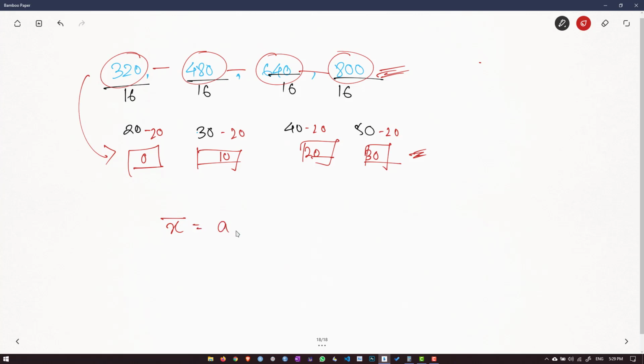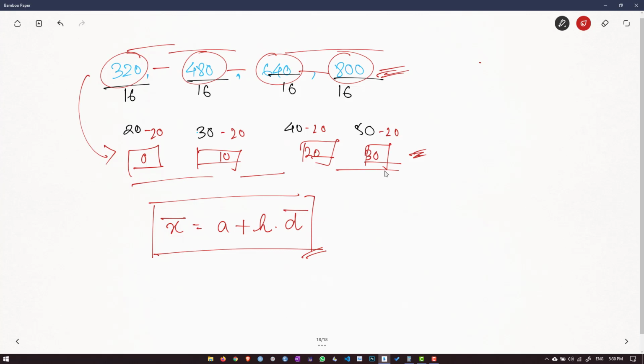X bar is equal to A plus H times D bar. So this is the formula for your change of scale and origin, right? So we will use this formula to find the average of the original data set from a smaller data set. Fine.